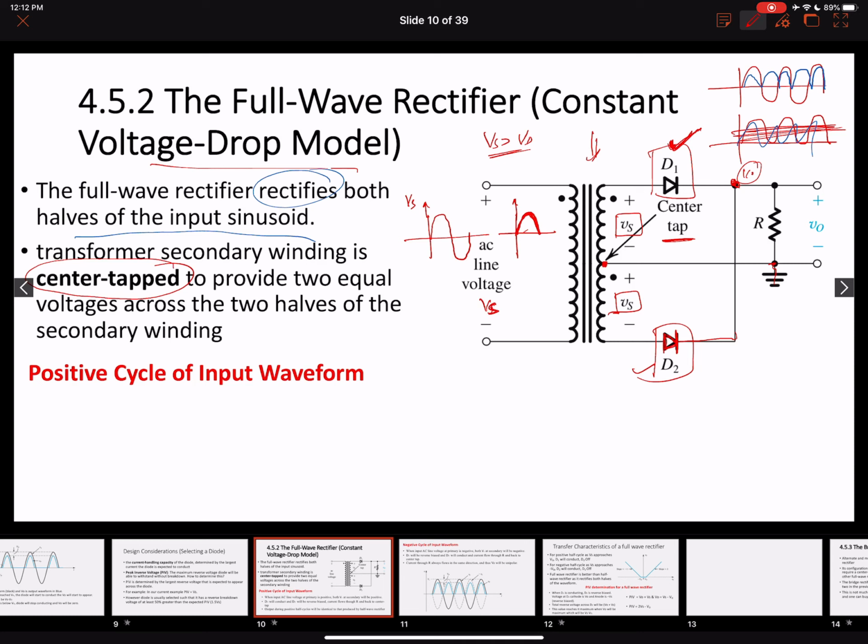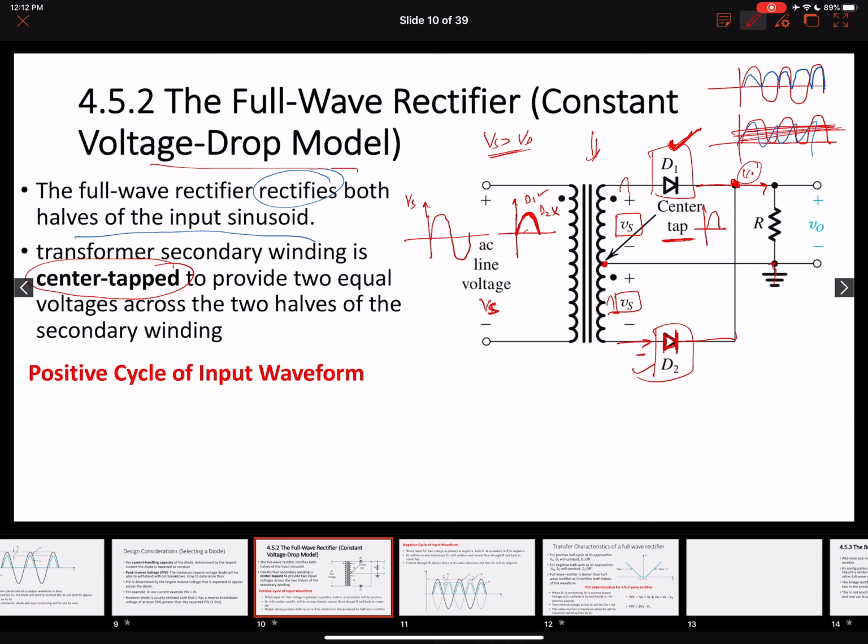We have a positive cycle coming over here, and so we have a negative voltage appearing here. This means that D1 will be on and D2 will be off. So D1 is directly connected to the load resistance and our V0. This means that my positive cycle will get rectified, or my positive cycle will appear in the output. So in my output, I'm going to get my positive cycle.